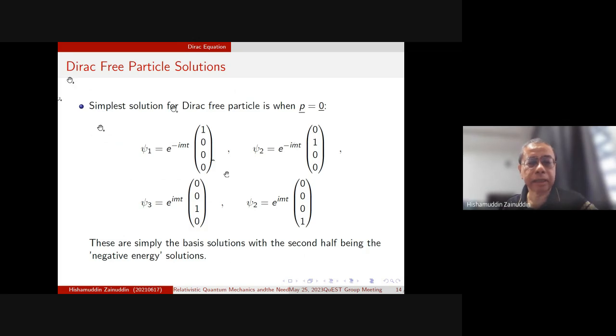The first half corresponds to the positive energy solutions. The second half is going to be the negative energy solutions. This is convenient because it is the simplest thing that you can get from the Dirac equation, and you get the sort of basis that you need.